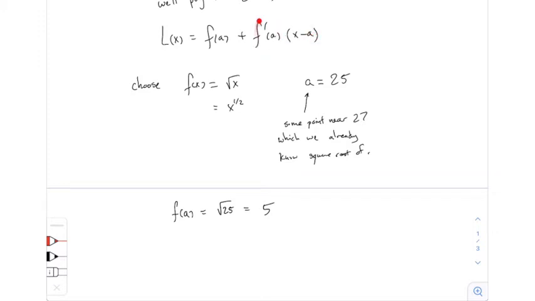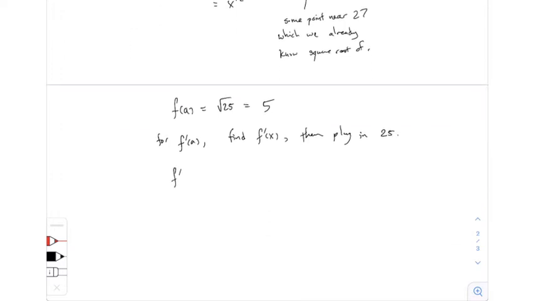It's not really hard, but the hardest part, I suppose, is F prime of A. This means F prime of 25. In order to find F prime of 25, first we need to find F prime of X as a function. So for F prime of A, you find F prime of X first as a function and then plug in A, which is 25, right? So what is F prime of X?